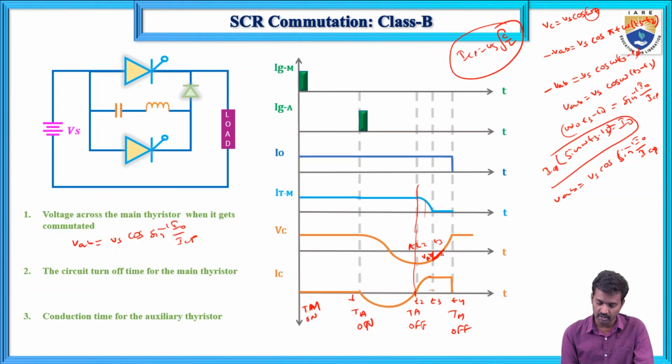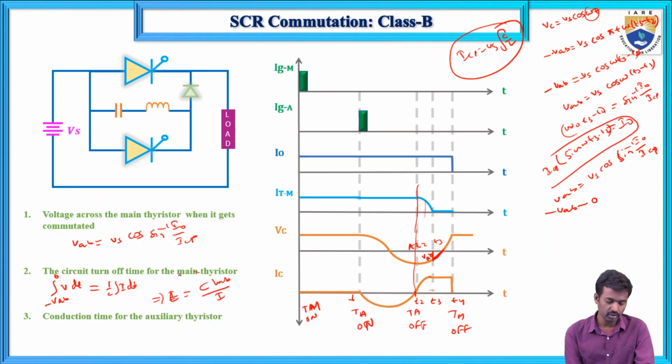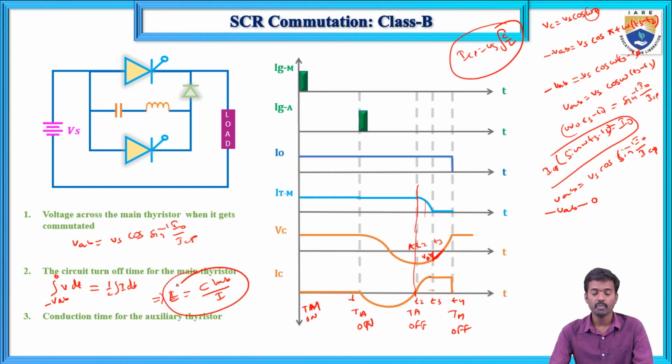Then the integral of V(t) dt equals 1 by C integral of I dt. If you simplify, the circuit turn off time t equals C into VAB divided by I. So this is the circuit turn off time for the main thyristor.